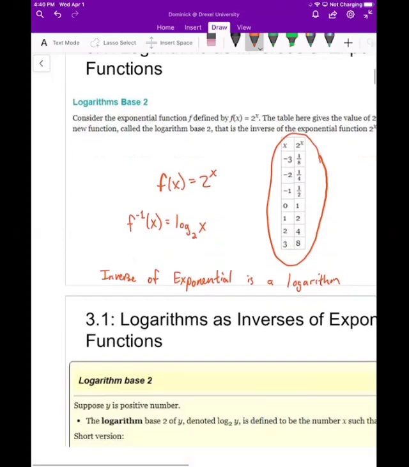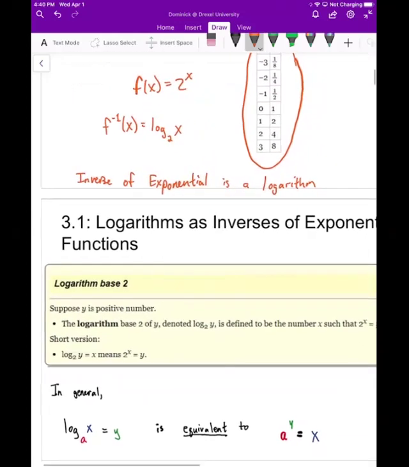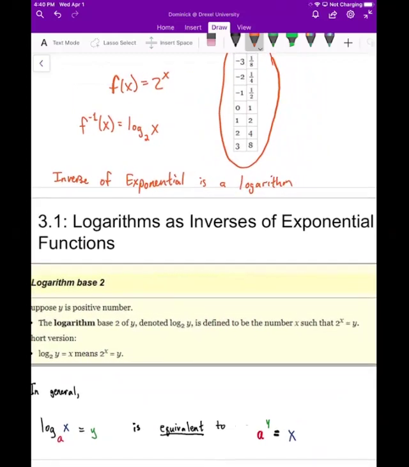All right. So what we're going to start out with first is log base 2. If you have log base 2 of y equal x, this is equivalent to saying that 2 to the x is equal to y. Now, what happens here? 2 is the base of the log, and 2 is still the base of the exponential.